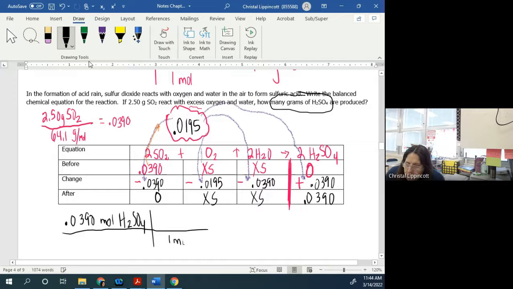In 1 mole of H2SO4, I have 98.1 grams of H2SO4. Moles cancel. Once I multiply across, I'll have this in grams. I need to have 3 significant figures because the amount they started with was 3 sig figs. So 3.83, and that's going to be grams of H2SO4.